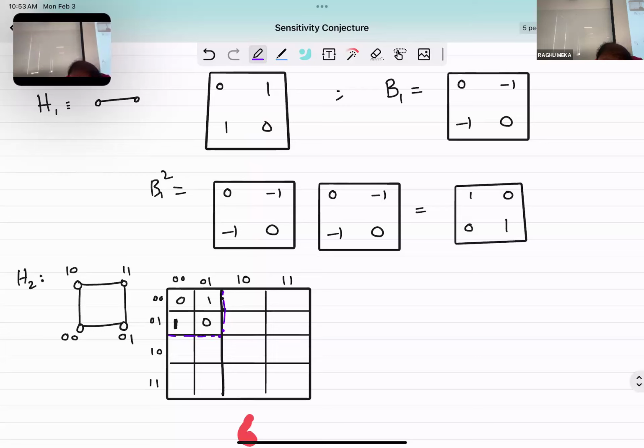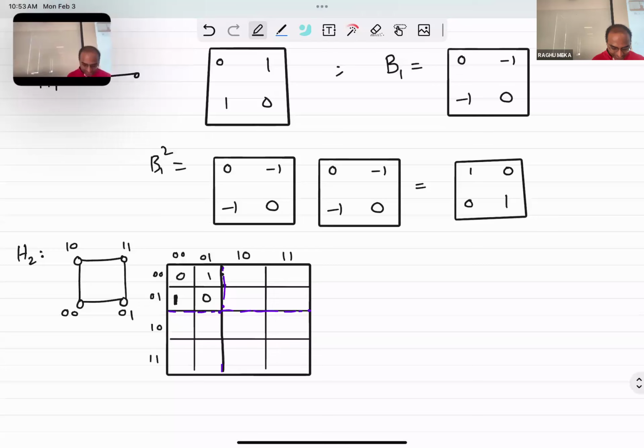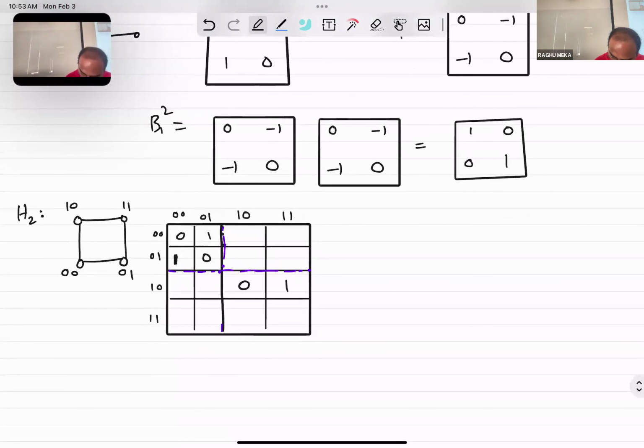And what about in this other diagonal block? Among all strings that start with a 1, what matrix should we see here? We should again see the same thing, right? Because once I fix the first bit, in the remaining bits the graph is basically what you had before. So that's why induction is helpful.